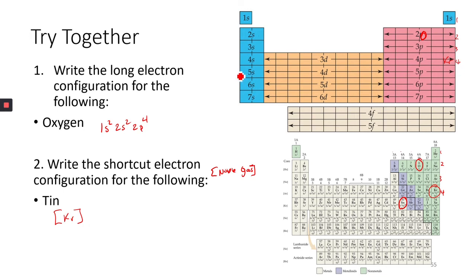What comes after krypton? We're starting here. We have 5s2, 4d10, and we are ending in the p block, second in, so it's 5p2. So that is the shortcut way to write tin.